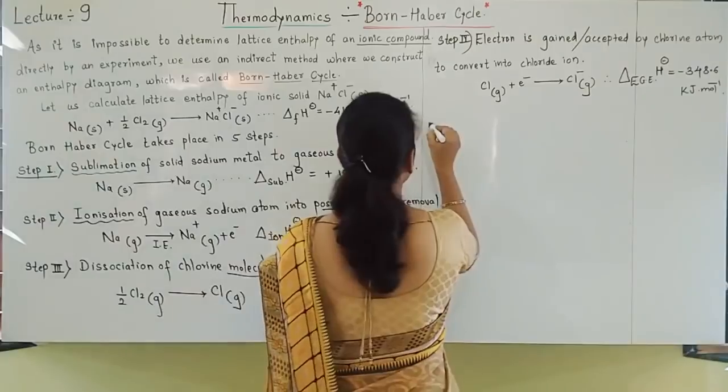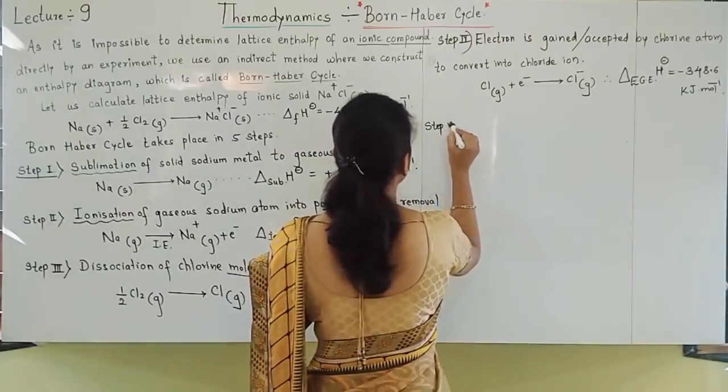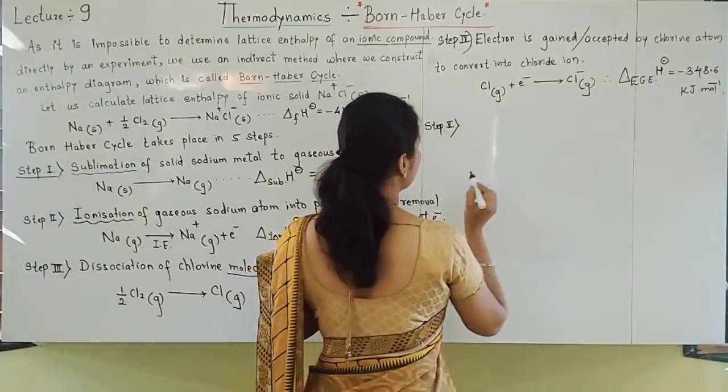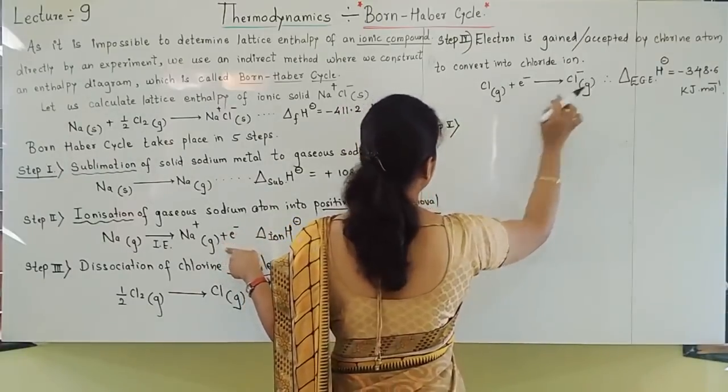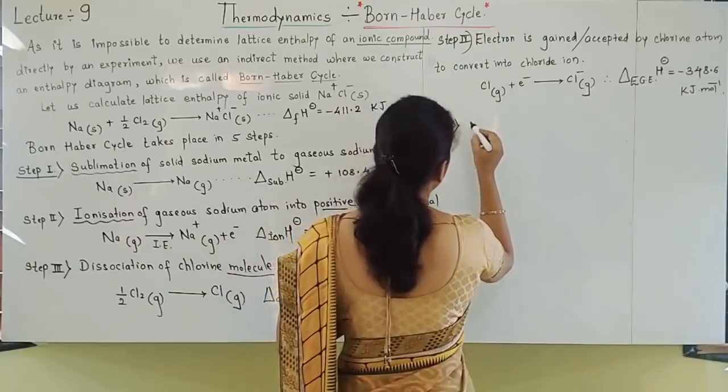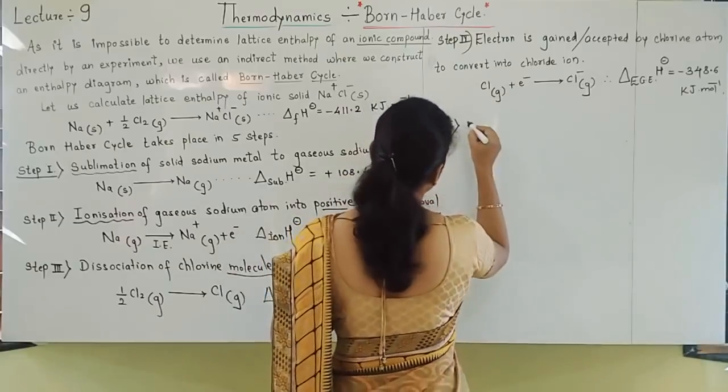Okay, now the last step, we'll write step 5. What is step 5, students? Of course, Na plus gas combines with Cl minus gas. So I will write compact or close packing.